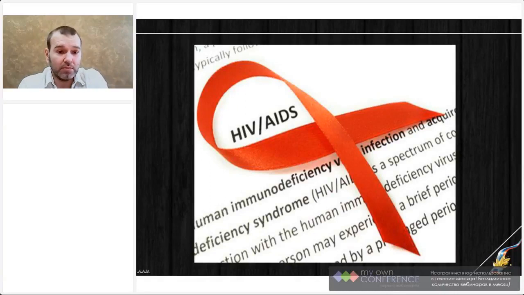So that symbol is one of the most known nowadays. It's a red strip in that shape. Usually it is present on the clothes of some people. They can wear it on different parts of the clothes. If you see that some person is wearing that symbol, usually it indicates that the person can help you to obtain correct knowledge about the disease.